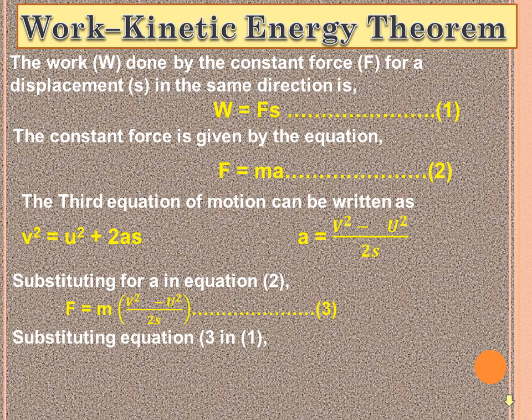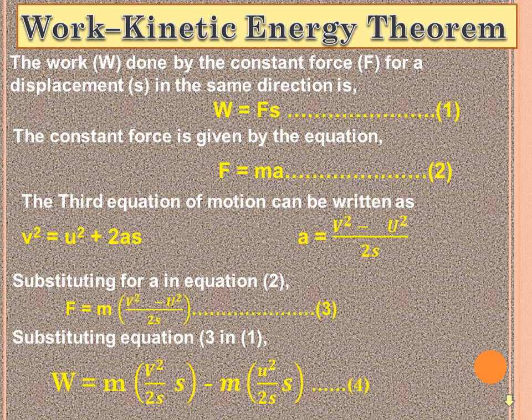And we got the value of F now. So we can substitute this value of F in equation number 1. If you substitute this in equation number 1, we get W is equal to m into v square by 2s into s minus m into u square by 2s into s.